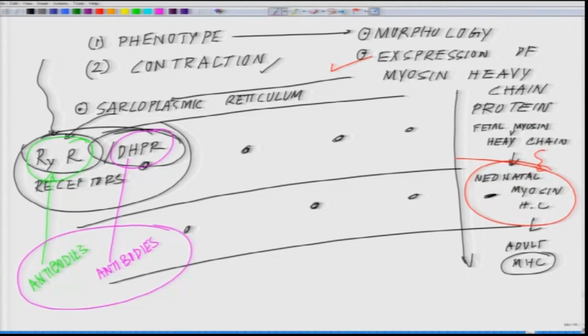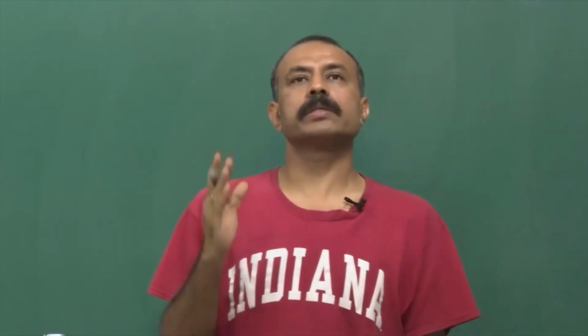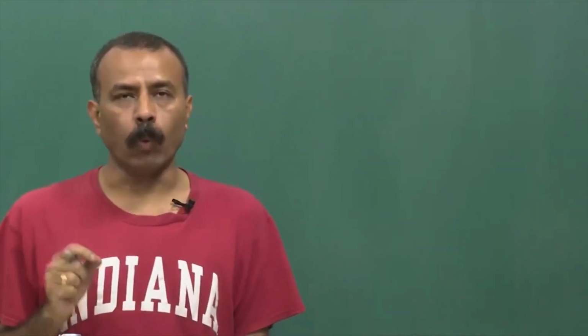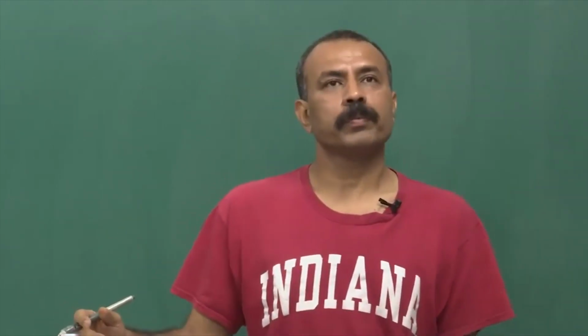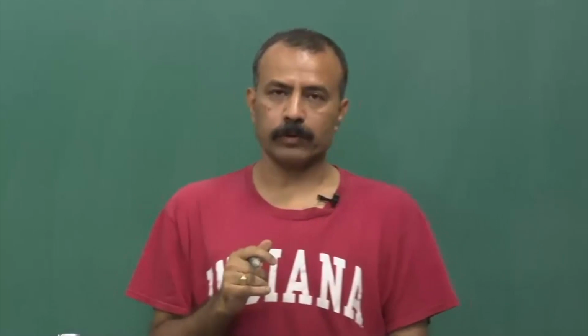So, when you are culturing skeletal muscle, you should have all these different parameters in mind, so that I can say with certainty that yes, I am observing all the features of a mature tissue in vivo. If I do not have that, then I have to go back to the basics and figure out.